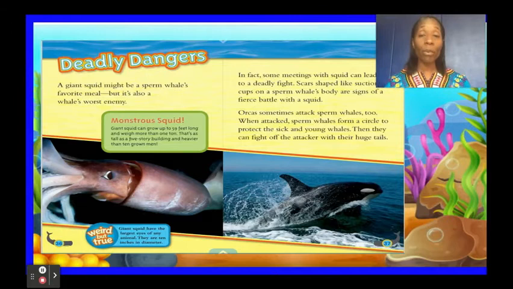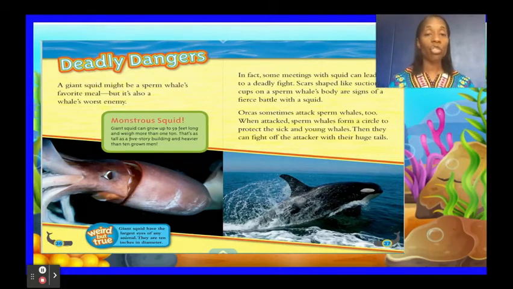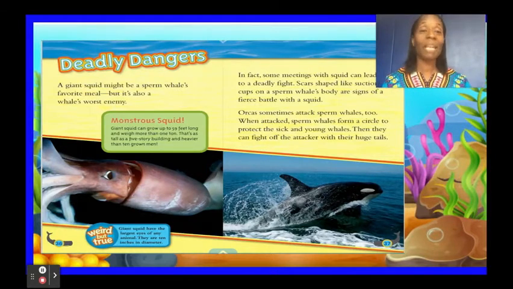So it's important for us to know that it's not that easy for whales to just eat squids. Squids will battle with a whale, and sometimes you will see different marks or scars on a whale. That is usually an indication that the whale has had an altercation with a squid. I wouldn't want to be there to see that.